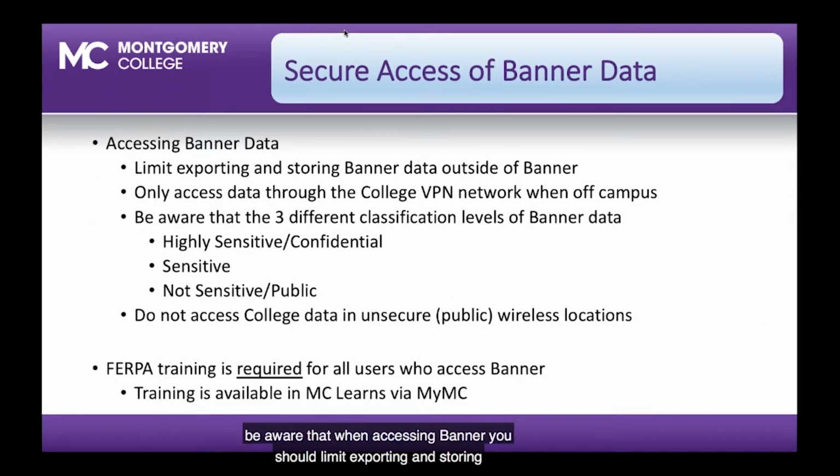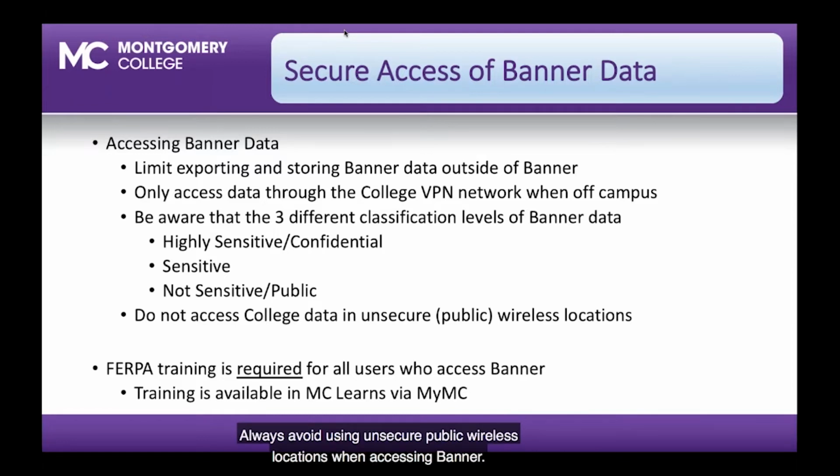We also want you to be aware that when accessing Banner, you should limit exporting and storing Banner data outside of Banner. IT has made Banner available within the college network or via VPN or secure wireless. Be aware of the three classifications of data, each of which requires specific protections: highly sensitive or confidential data, sensitive data, not sensitive or public data.